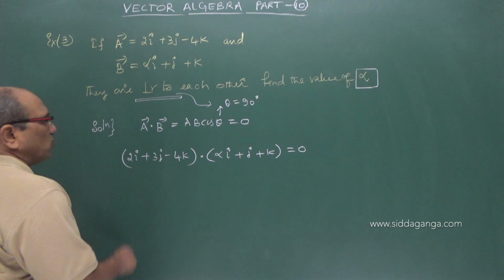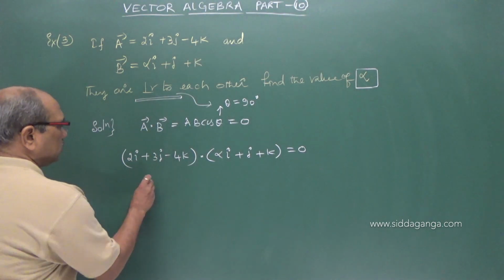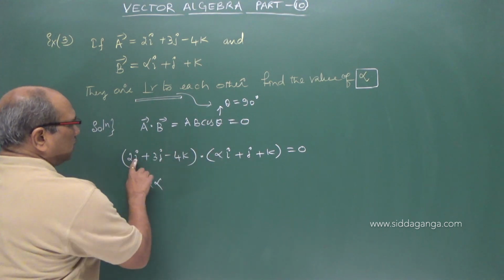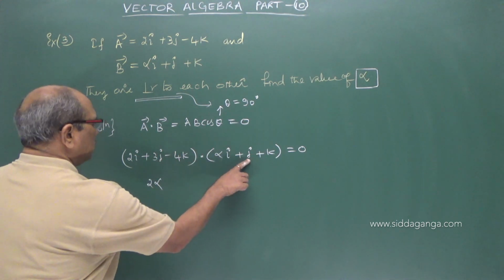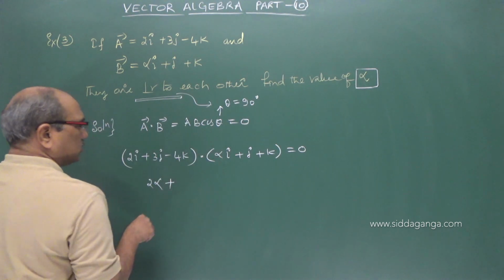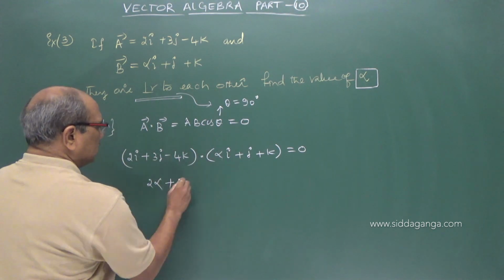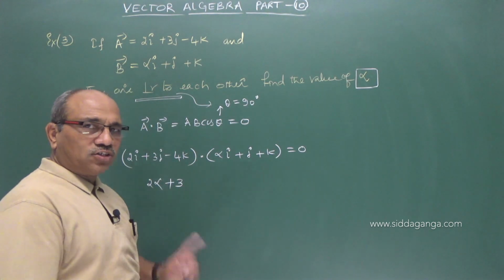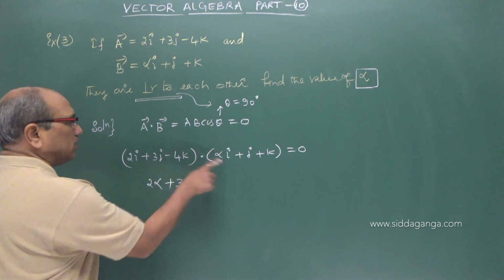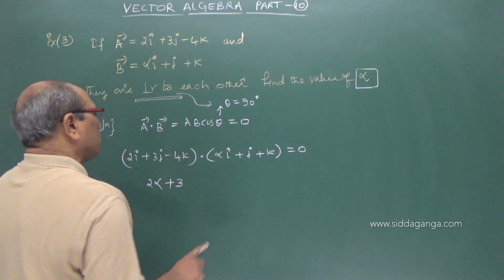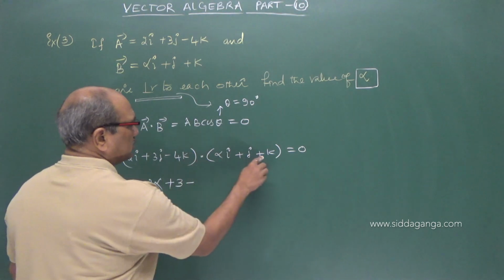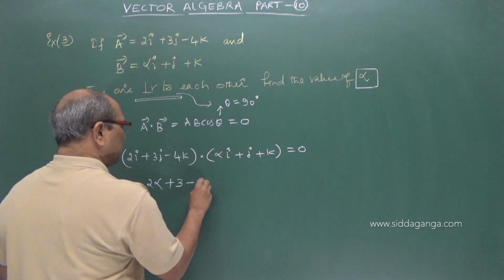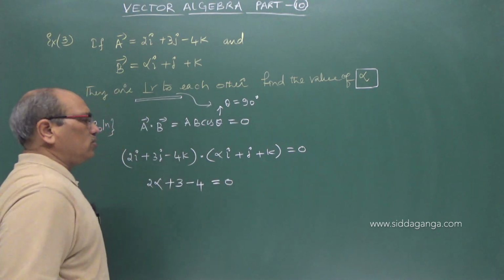Only consider corresponding terms. I to I is 2 alpha. Not necessary to go to I to j, I to k. J to j is plus, 3 into 1 is 3. Dot product, it is not just multiplying. I into I is 1, j into j is 1. Plus into minus is minus. Minus 4 into 1 is minus 4, equal to 0.